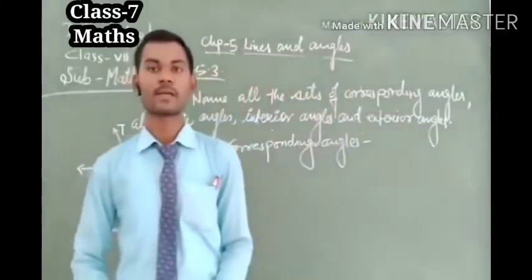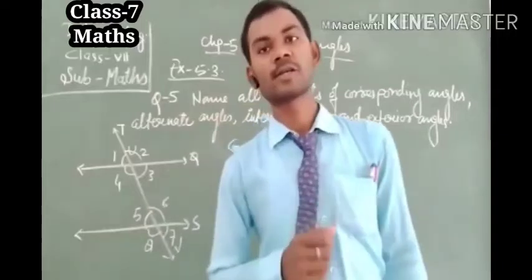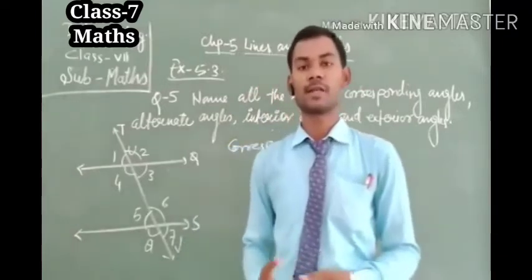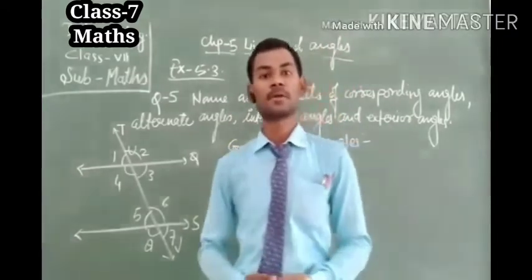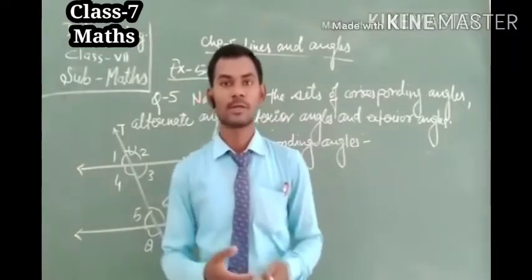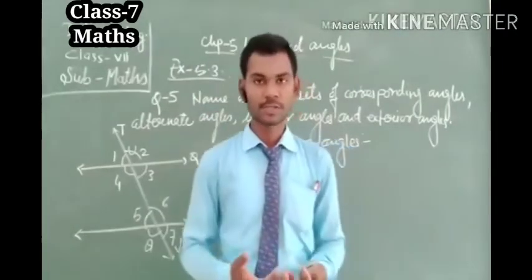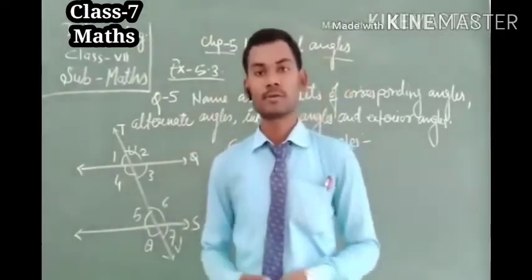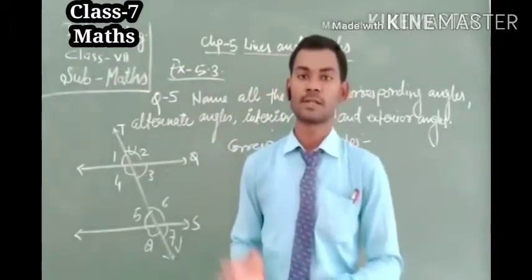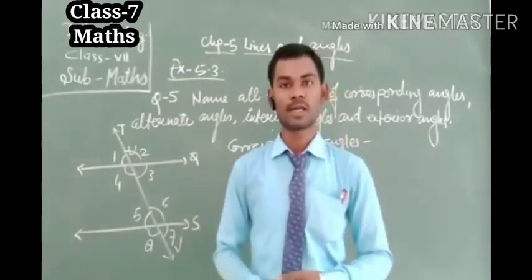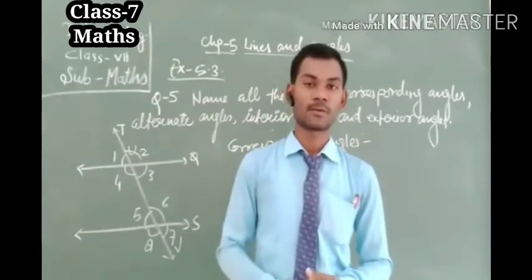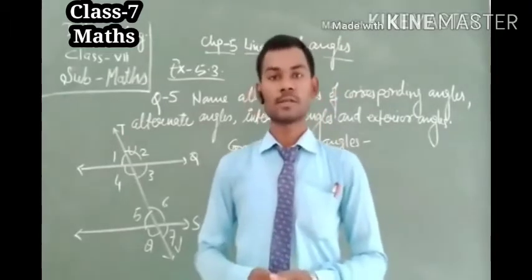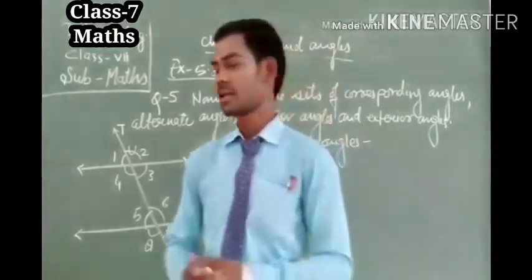In order to identify which are corresponding angles, which are alternate angles, which are interior and which are exterior, we need to remember the definitions of transversal, corresponding angle, interior angle, exterior angle and alternate angle. Without the definitions, we cannot identify these sets of angles. Definitions for this type of question are very important, because these questions are entirely based on logic. So let us see what a corresponding angle is.